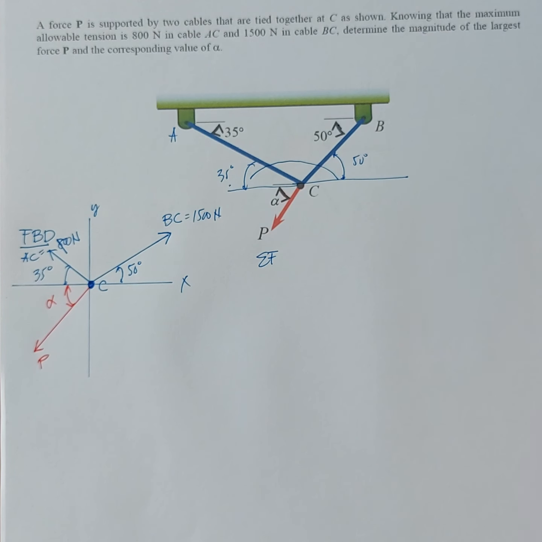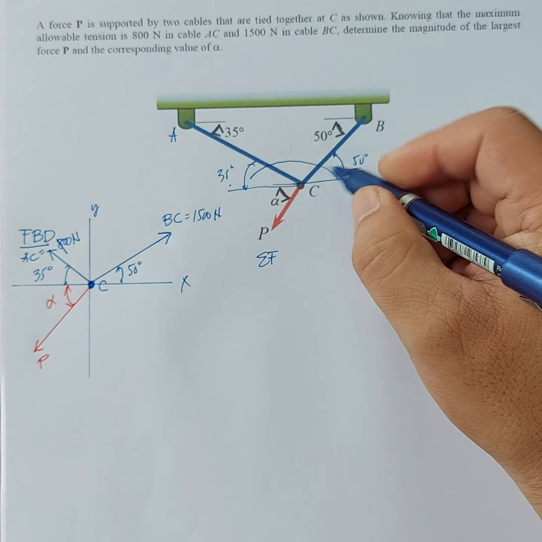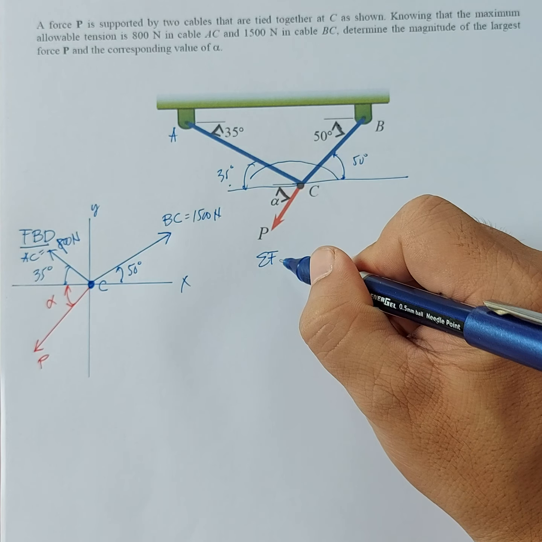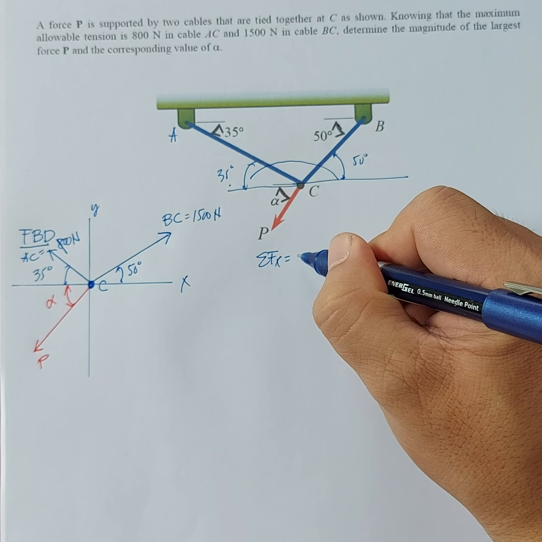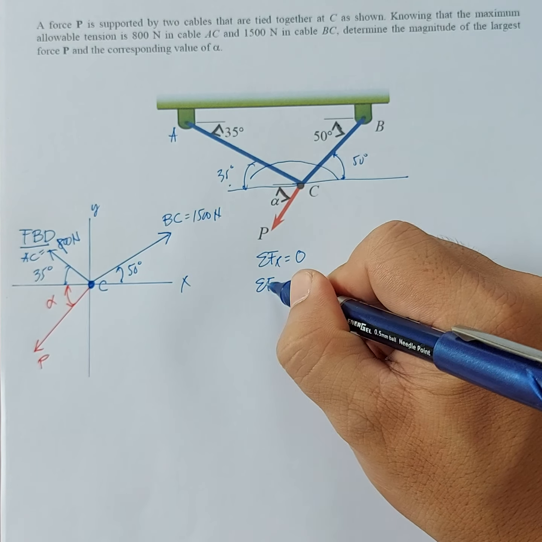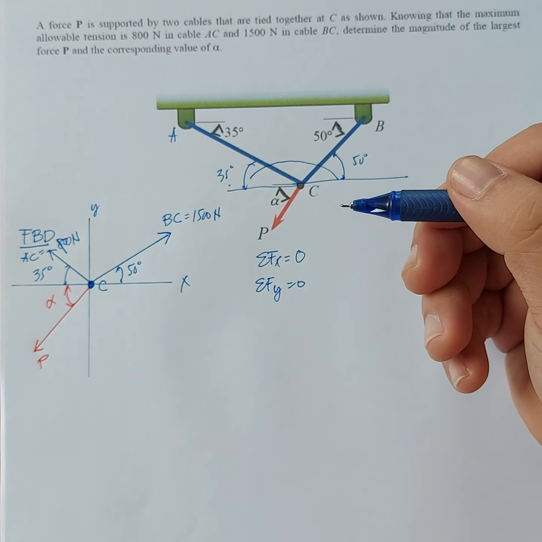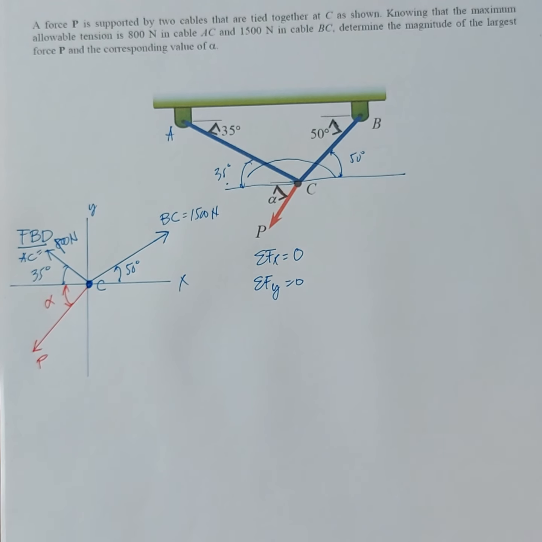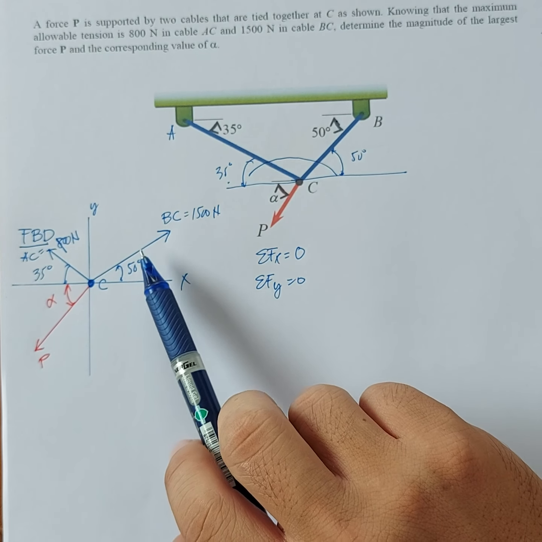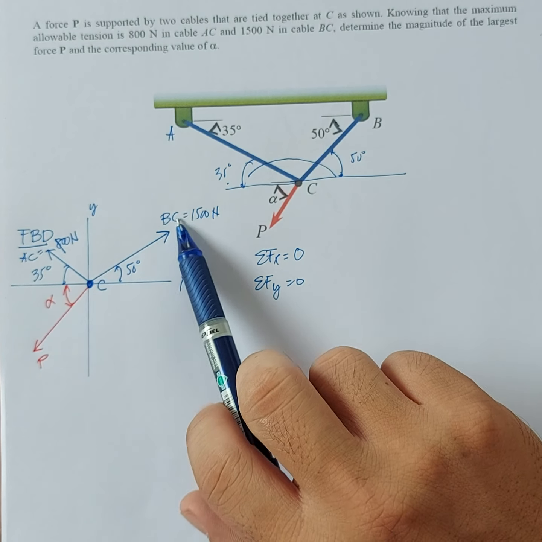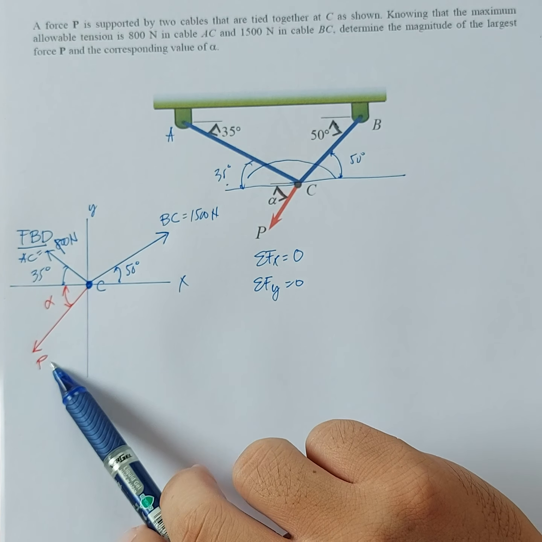For this particle to be in equilibrium, the summation of forces along x-axis or horizontal direction should be equal to 0. Summation of forces along y should also be equal to 0. Okay, so resolve natin ito into their x and y components, BC, AC, and P.